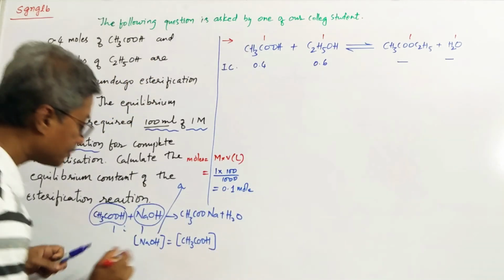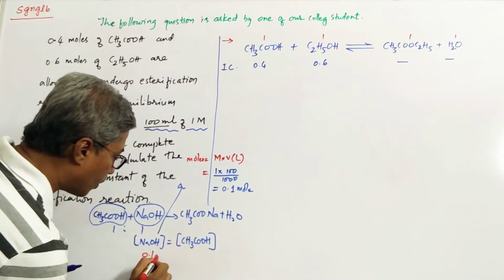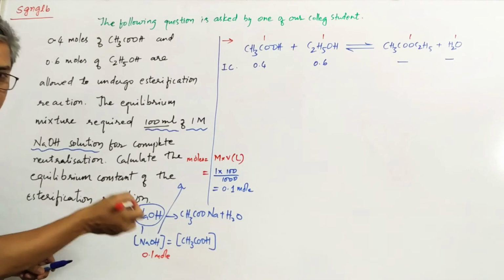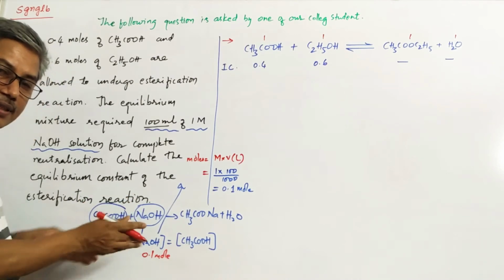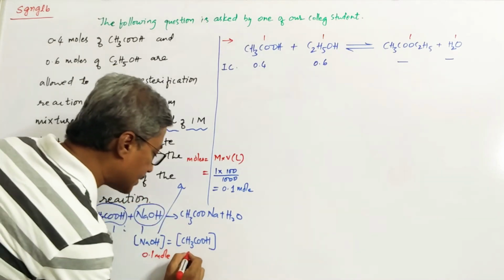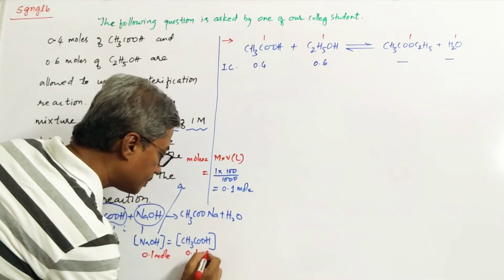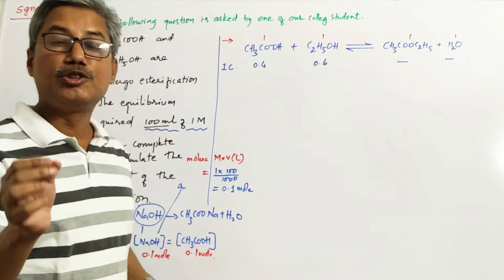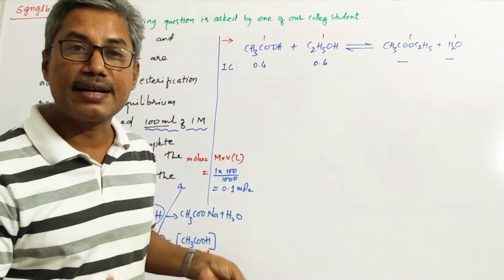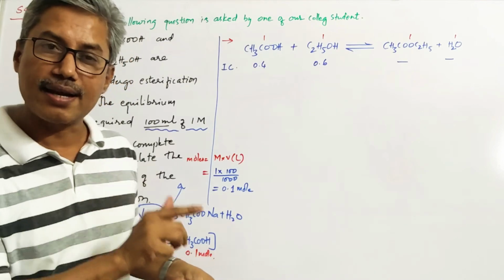It means that this amount of sodium hydroxide reacted with an equal amount of ethanoic acid. That means it should be 0.1 mole. So 0.1 mole of ethanoic acid is left unreacted at the end.